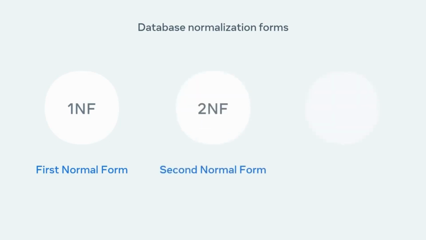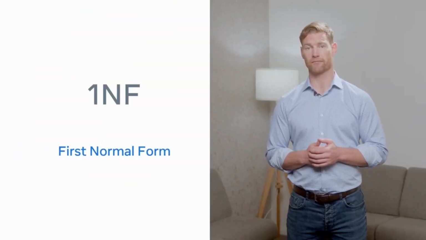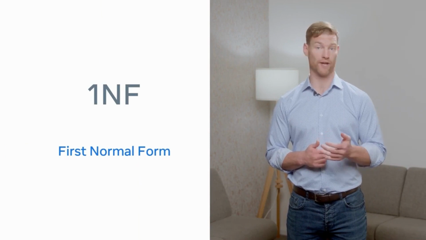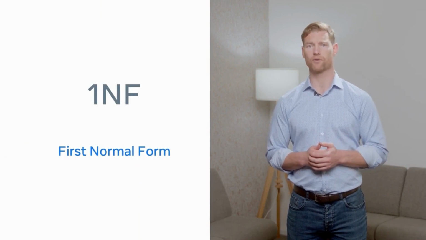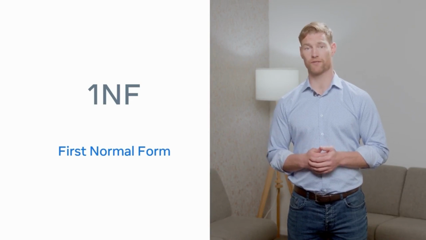The database normalization forms include first normal form, or 1NF, second normal form, or 2NF, and third normal form, or 3NF. This video focuses on designing a database to meet the first normal form, or 1NF rules. These rules enforce data atomicity and eliminate unnecessary repeating groups of data in database tables.